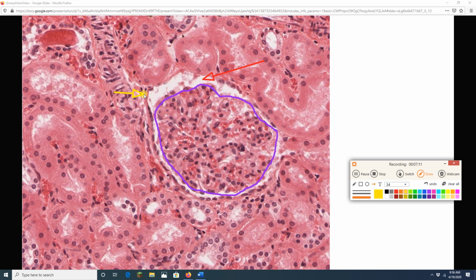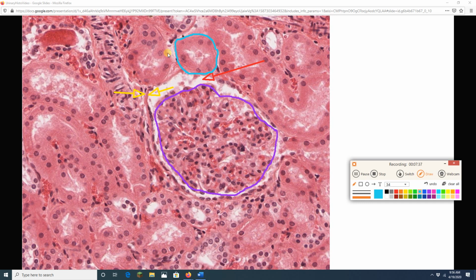I can see my parietal glomerular capsule. I can also see a lot of proximal convoluted tubules. Here is one cross section of a proximal convoluted tubule right here.